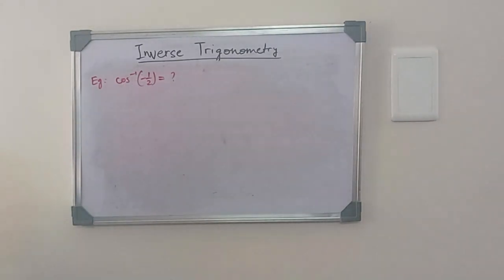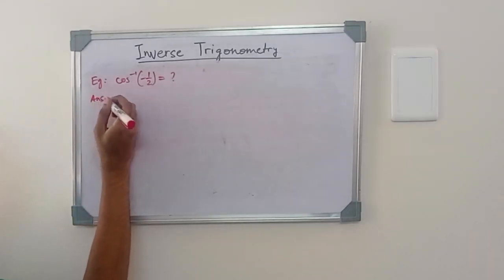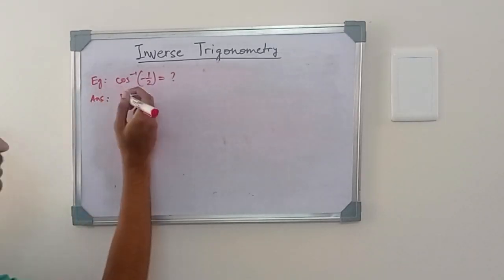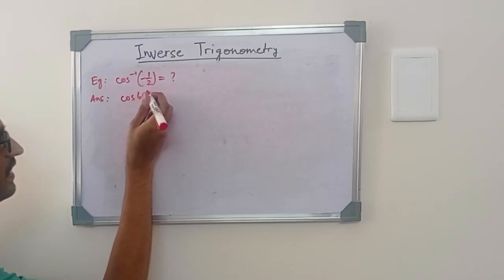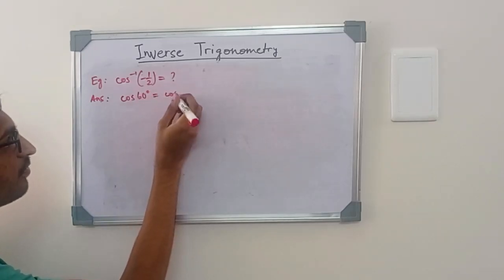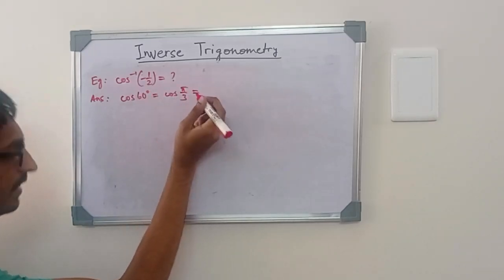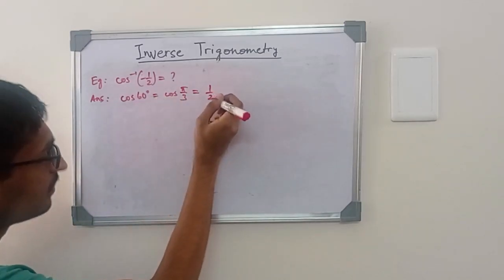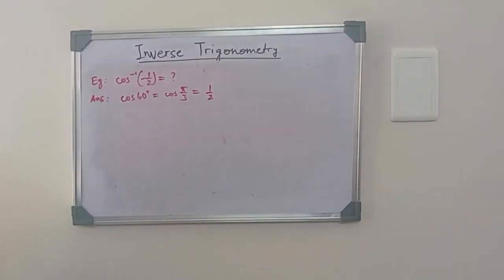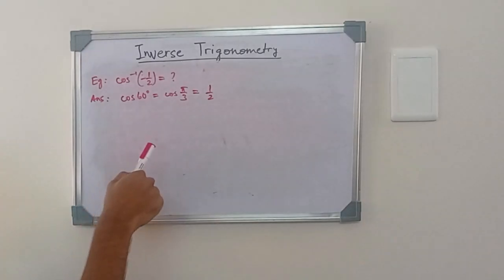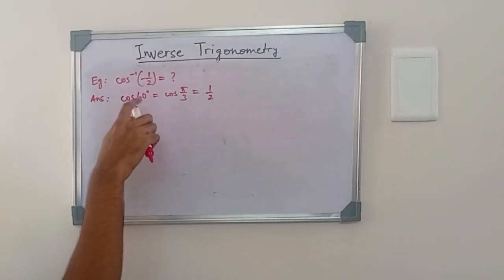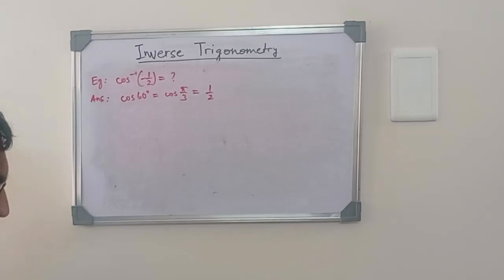So we know to begin with that cos of 60 degrees, or cos of pi by 3, is equal to half. But we need to find an angle whose cosine is minus half, not half.